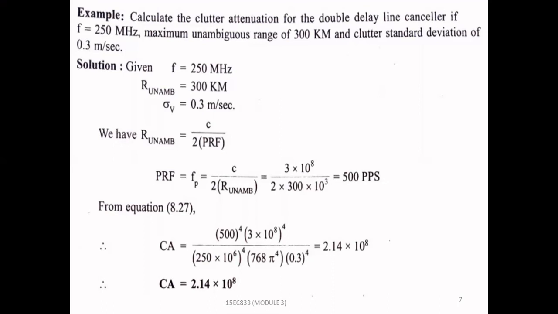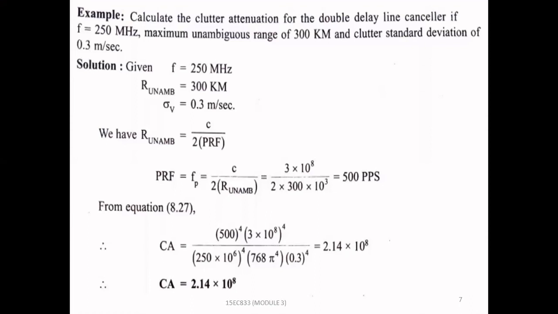So we know that clutter attenuation is equal to fp to the power 4 into c to the power 4 divided by 768 pi to the power 4 into lambda to the power 4.